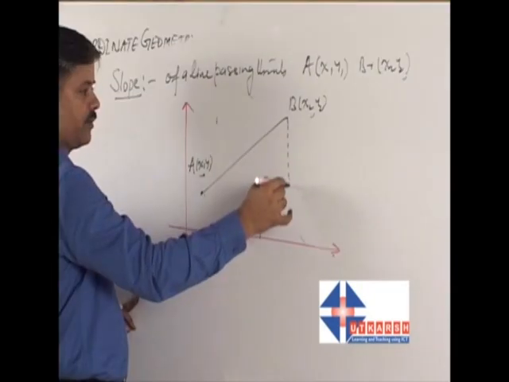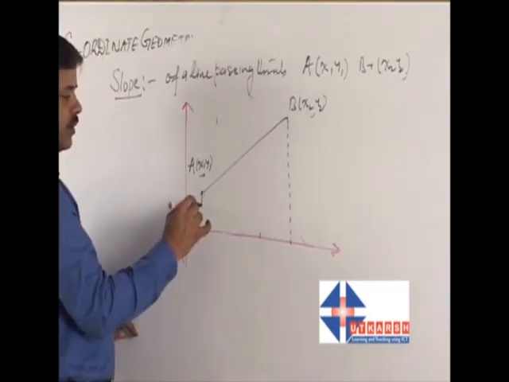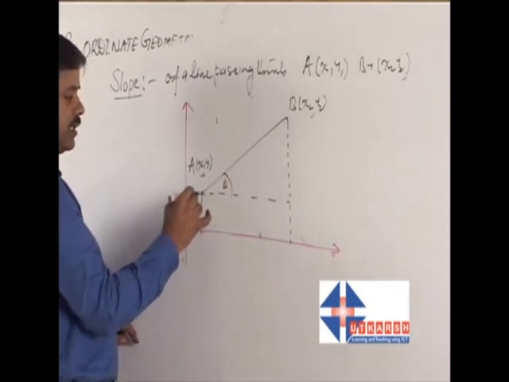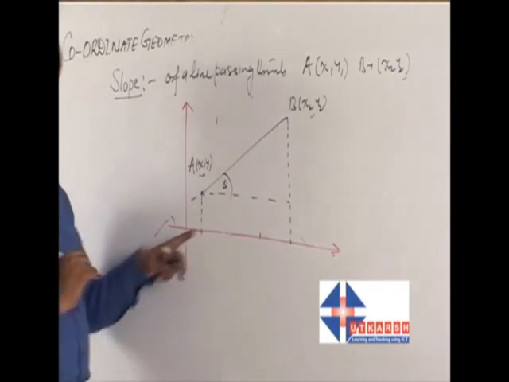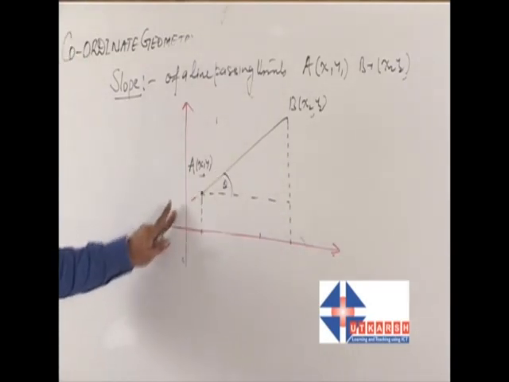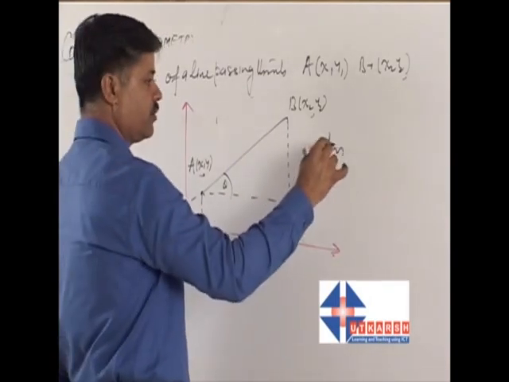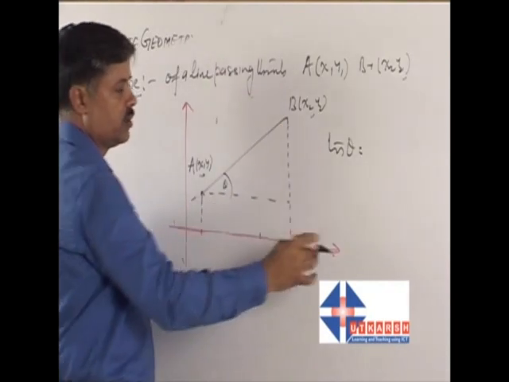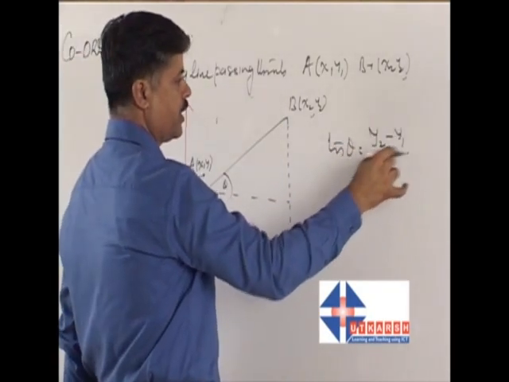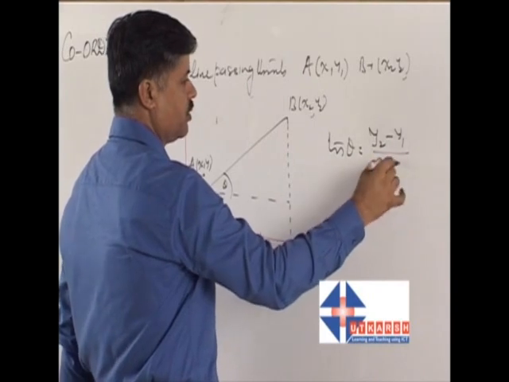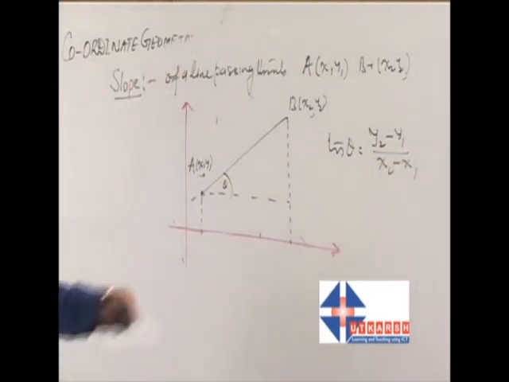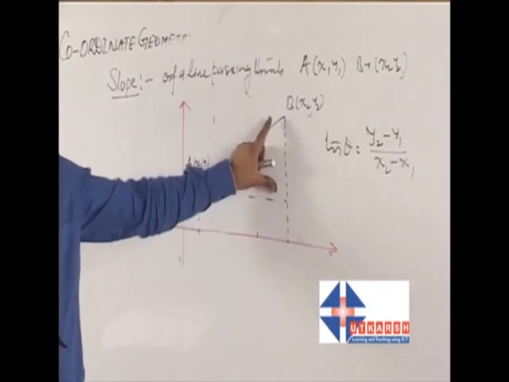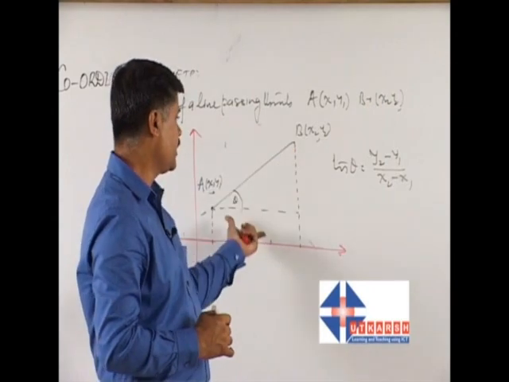Let the perpendicular fall from here to here. This angle theta will be the same if I extend it up to here. Then tan theta will be equal to this length upon this length. From the previous days you know, it is y2 minus y1 upon x2 minus x1.